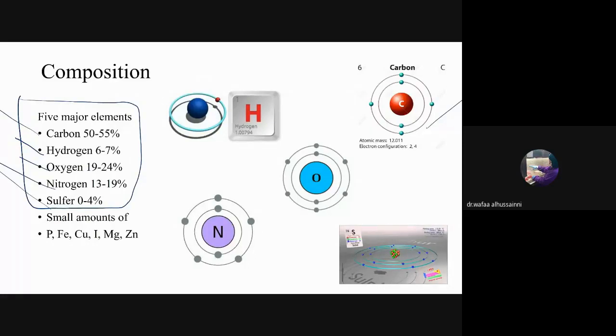They make up the protein. These are the 5 major elements, but there are also small amounts of other elements such as lead, ferrous, copper, iodine, magnesium, zinc. They are present in small amounts, but the main components will be these 5 atoms.